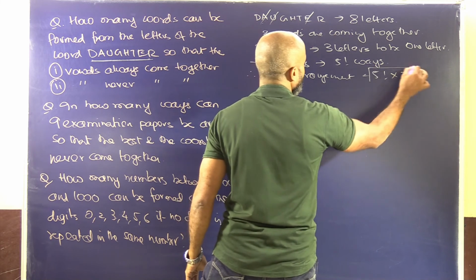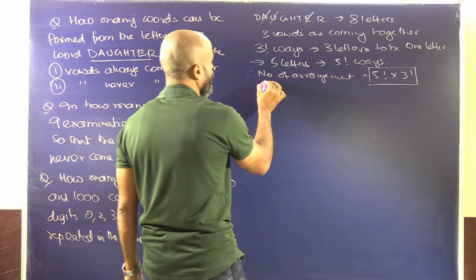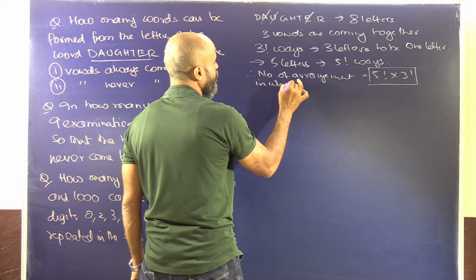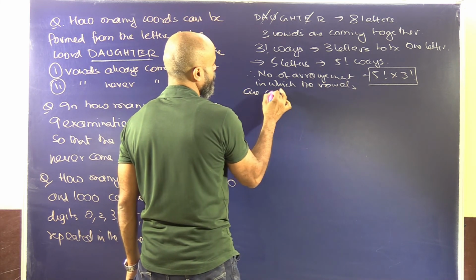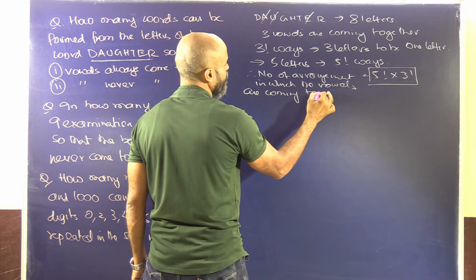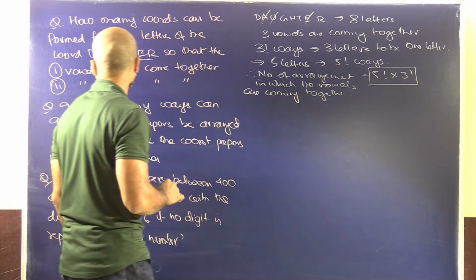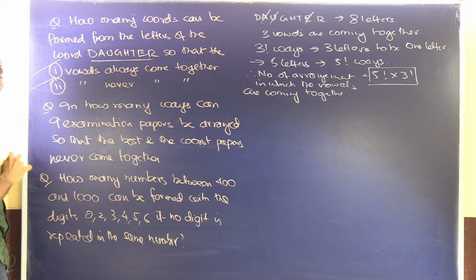Factorial 5 is the number of arrangements in which the vowels are coming together. Now you have been asked for the arrangements in which the vowels are never coming together.